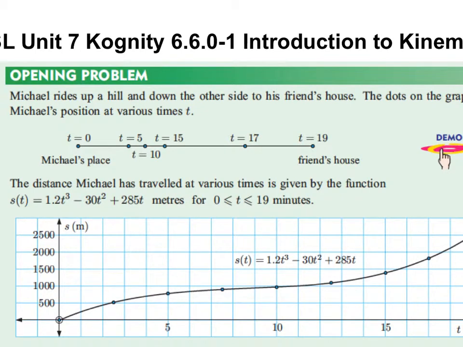And you'll notice in the first 5 minutes, we traveled this far. But then in the second 5 minutes, from time 5 to time 10, we only traveled that far. So just looking at that, what can you tell about Michael's trip?